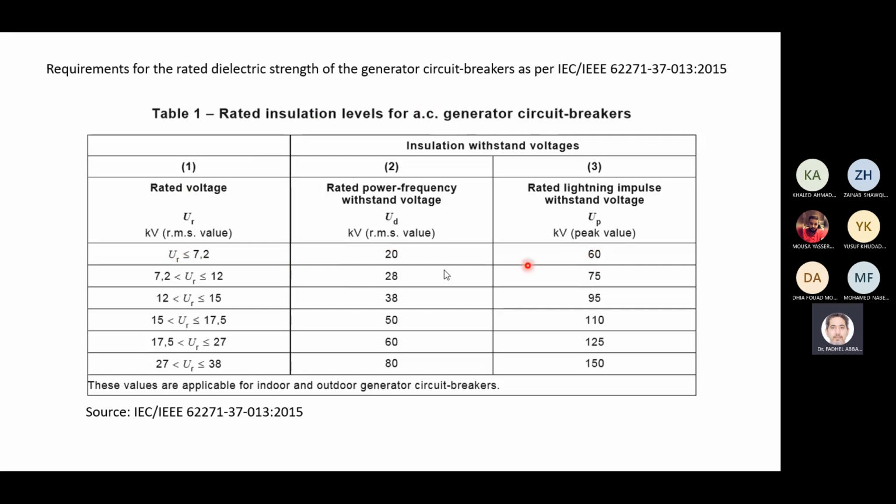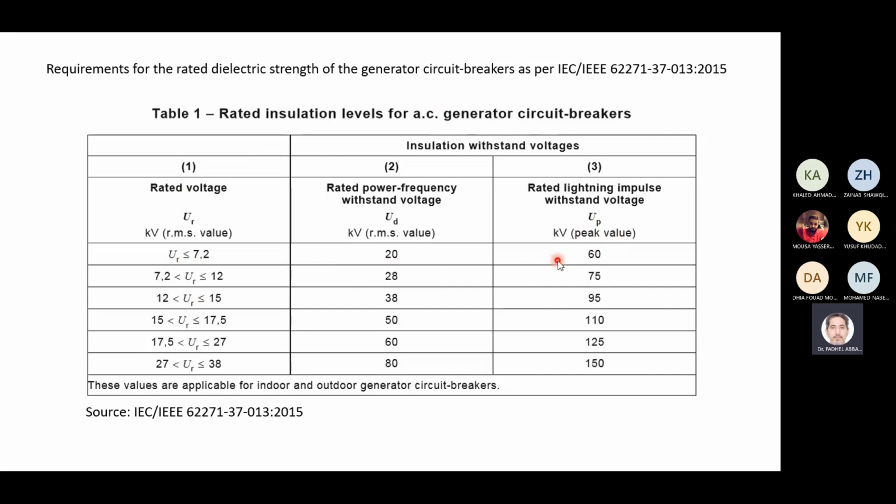So any manufacturer of a circuit breaker of up to 7.2 kV will specify that this circuit breaker was already tested up to 20 kV of RMS voltage and 60 kV of peak voltage, so that it can withstand a lightning strike up to this.